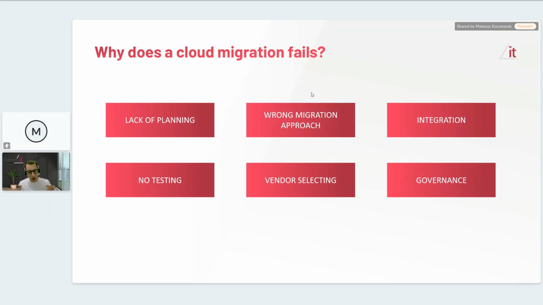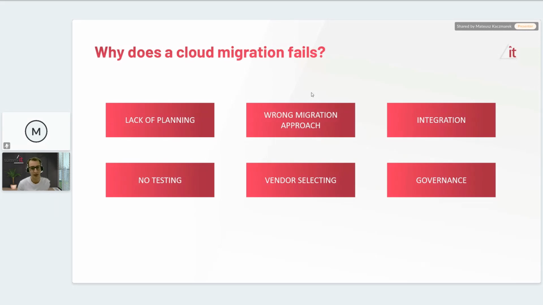So below on the screen, you can see some of the most common reasons, starting with lack of planning, which is probably one of the biggest reasons for failure. Without a clear plan that outlines timelines, resources, and key milestones, it's easy for organizations to lose sight of their goals, which leads to delays and higher costs.